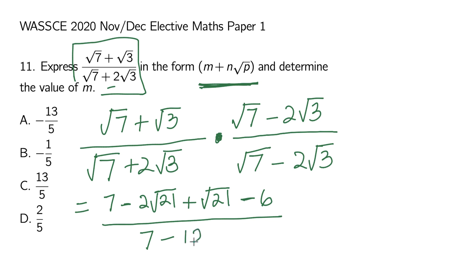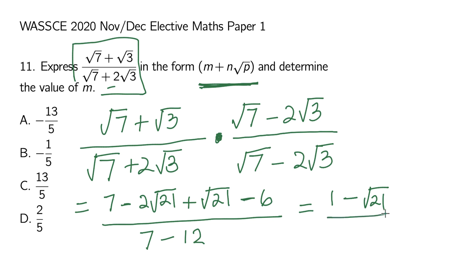So we have that. We have to simplify this further. When we do, what do we get? For the top, we get 7 minus 6, that's just 1. And then we get minus 2 root 21 plus root 21, that is minus root 21.